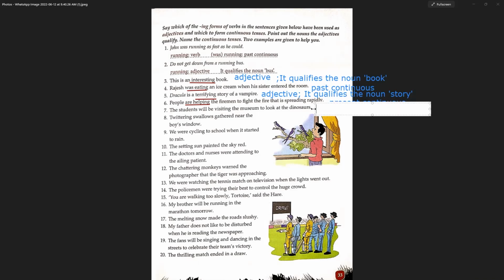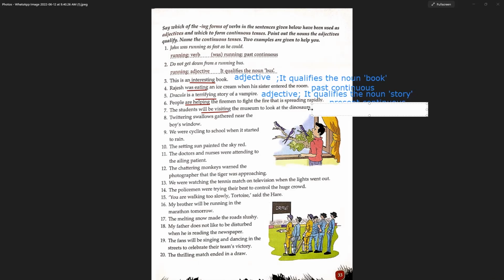Sinadi, can you do number 7, please? The students will be visiting a museum to look at the dinosaurs. What shall I underline there? Will be visiting. Yeah, exactly. What is will be visiting there? Is it an adjective? That is a verb.